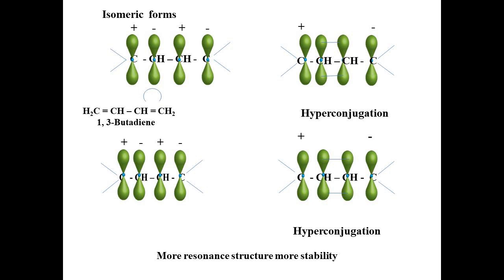So this is another resonance structure formed by hyperconjugation. The more resonance structures a compound has, the more stable it is. So the conjugated diene forms more resonance structures, so it is more stable.